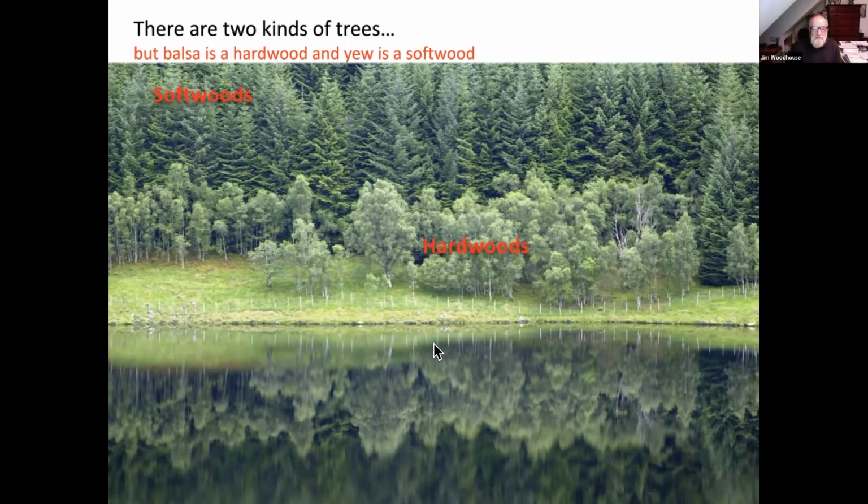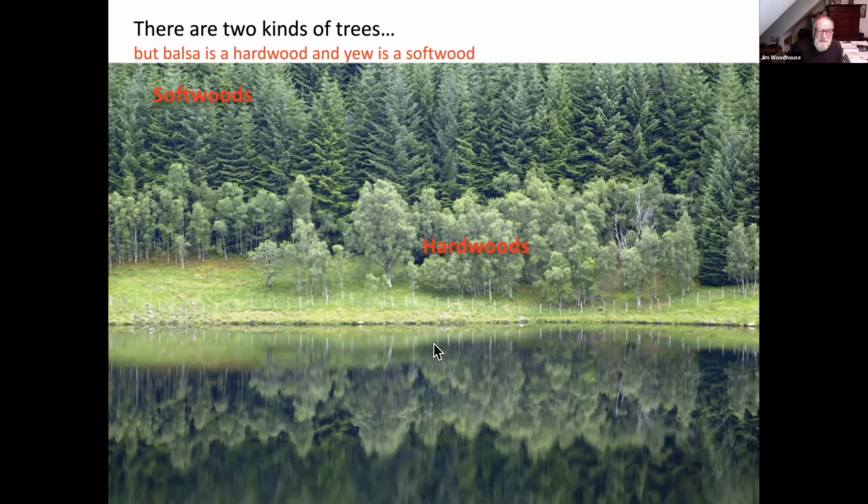A lot of things like mustard and cress put up a pair of little leaves as their first thing. Those first little leaves are called cotyledons, and so there are monocotyledons and dicotyledons. That's not a word we're going to need to use again in this talk. But the two lines separated: softwoods, conifers, are monocots; hardwoods are dicots.